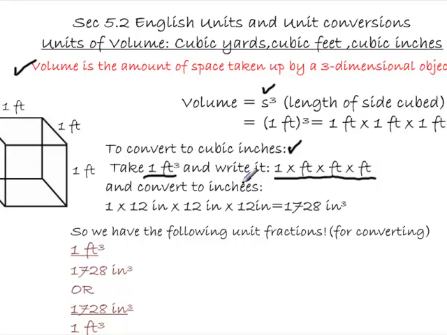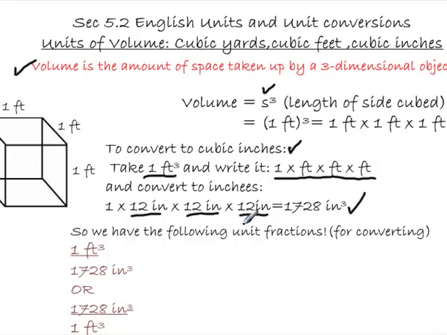Since we know that a foot is equal to 12 inches, we can write 12 inches 3 times. Now I multiply it all out. I multiply the numbers first and I get 1728. And inch times inch times inch is cubic inch.